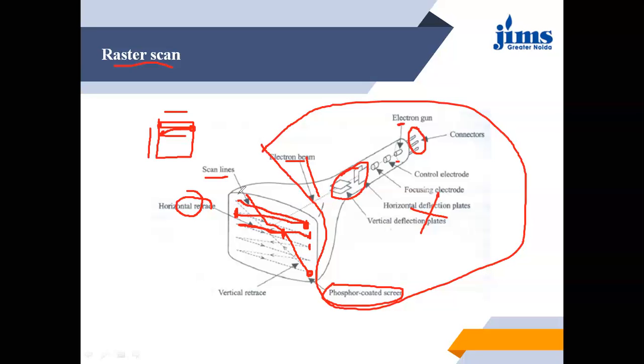And after scanning one complete screen, the electron beam has to be transferred from the last point to the first point. That is vertical retrace.